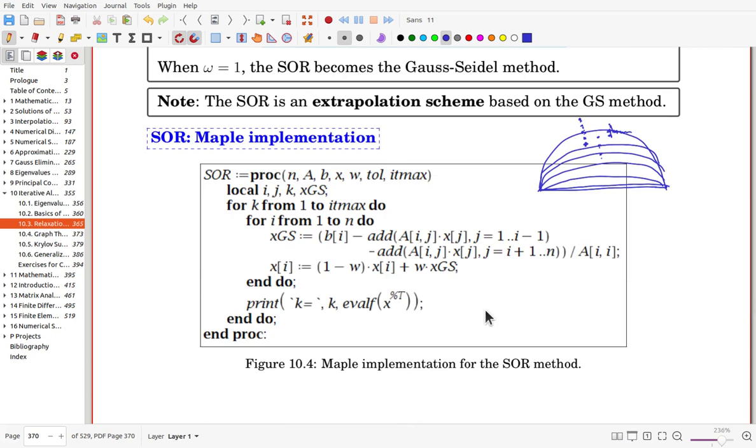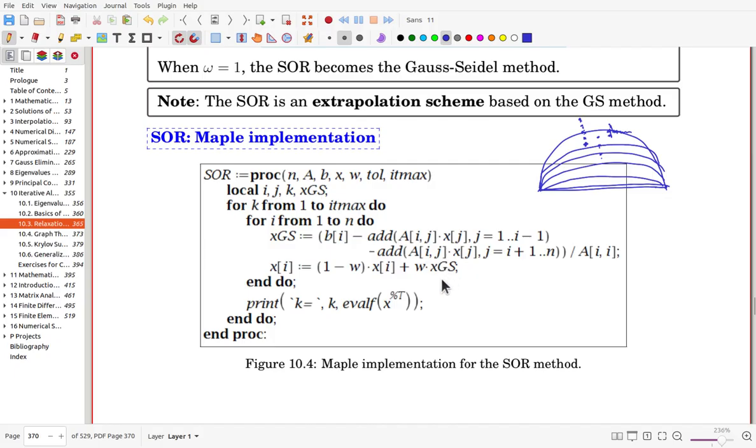Okay, here we have an implementation of the SOR. Now, that is exactly the Gauss-Seidel implementation. And we make a temporary array here, or you can do this whole thing at this position.